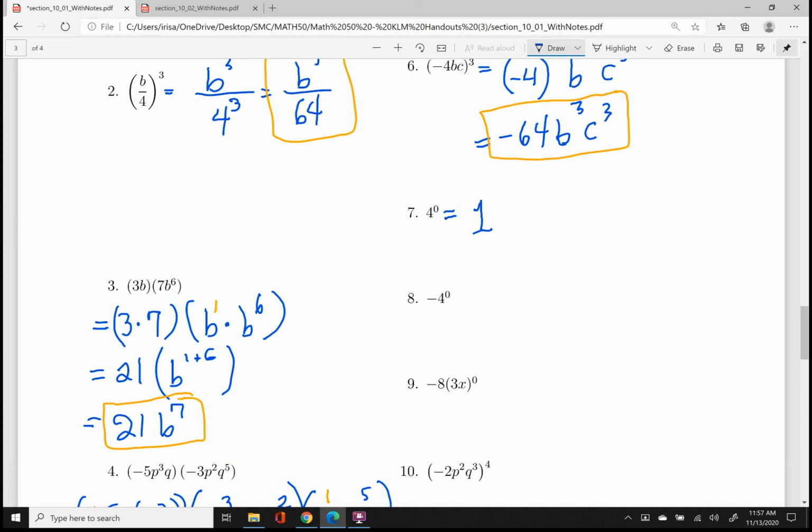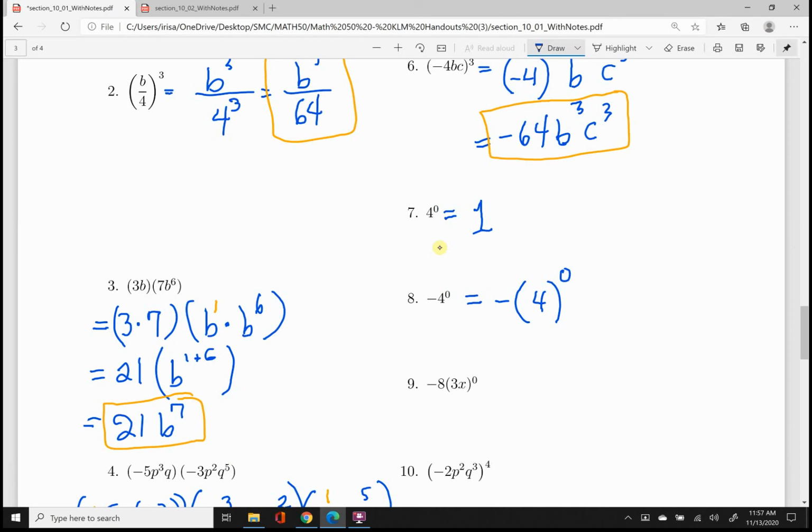it's a 1. But wait, whenever there's a sign in front of an exponential expression and there's no parentheses to be found, this is how we should think about it. Because this negative sign is not technically part of the base, which is something that's very easy to overlook.